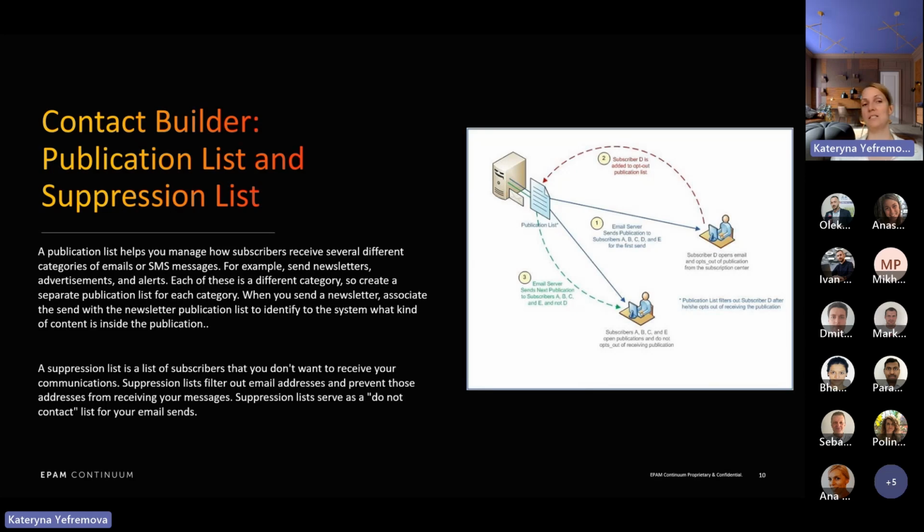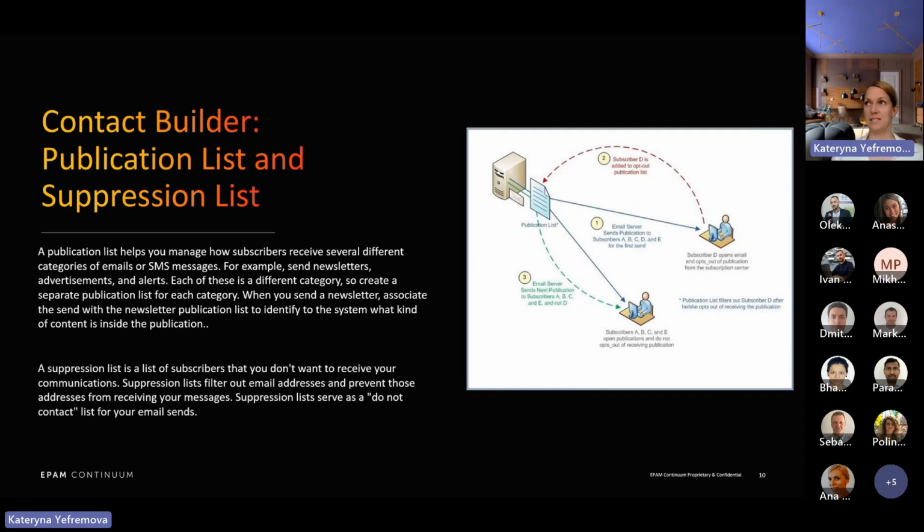But if we create different publication lists, for example, one publication list for information about new medications, another publication list to ask for feedback, a third publication list, it could be information about upcoming events.